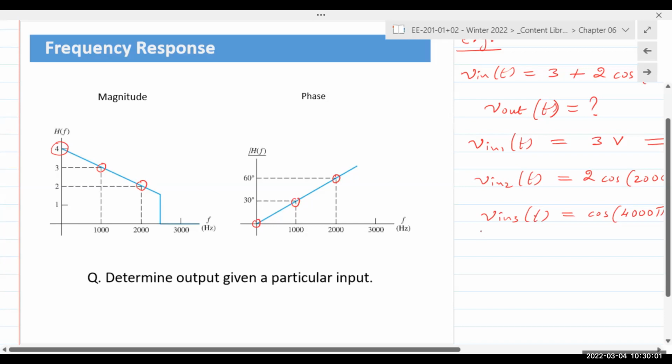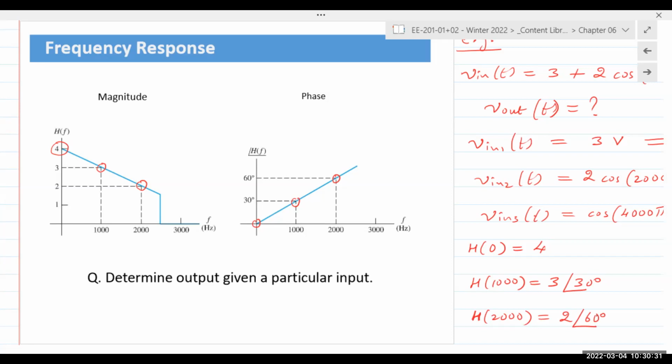So I can write H of 0 is 4. H of 1000 has a magnitude of 3 and a phase of 30 degrees. And H of 2000 has a magnitude of 2 with a phase of 60. And that's why we don't really care what the circuit is or what it does. If we know the transfer function, we can predict what V out is going to be.